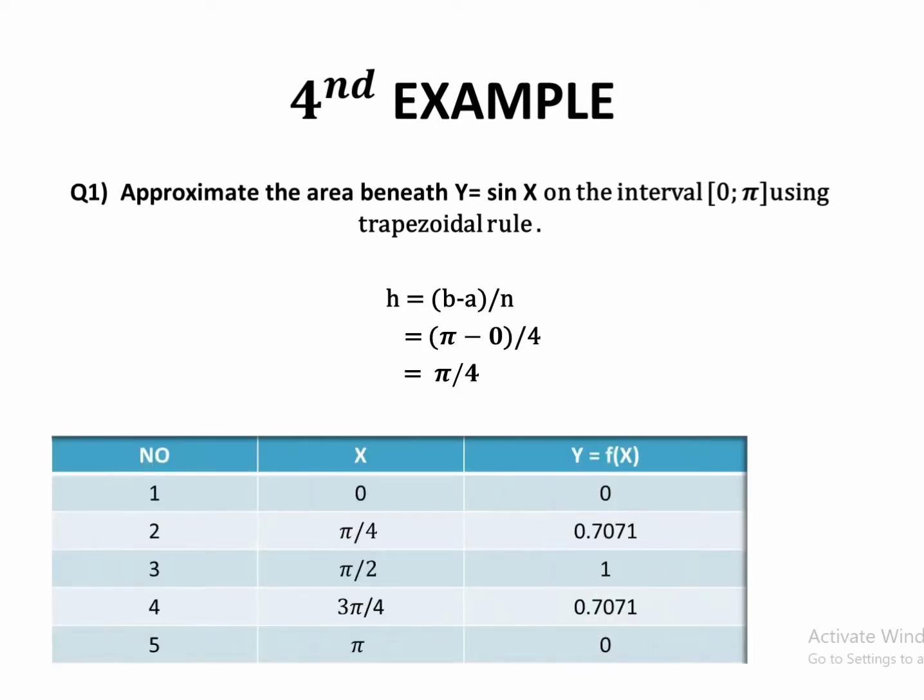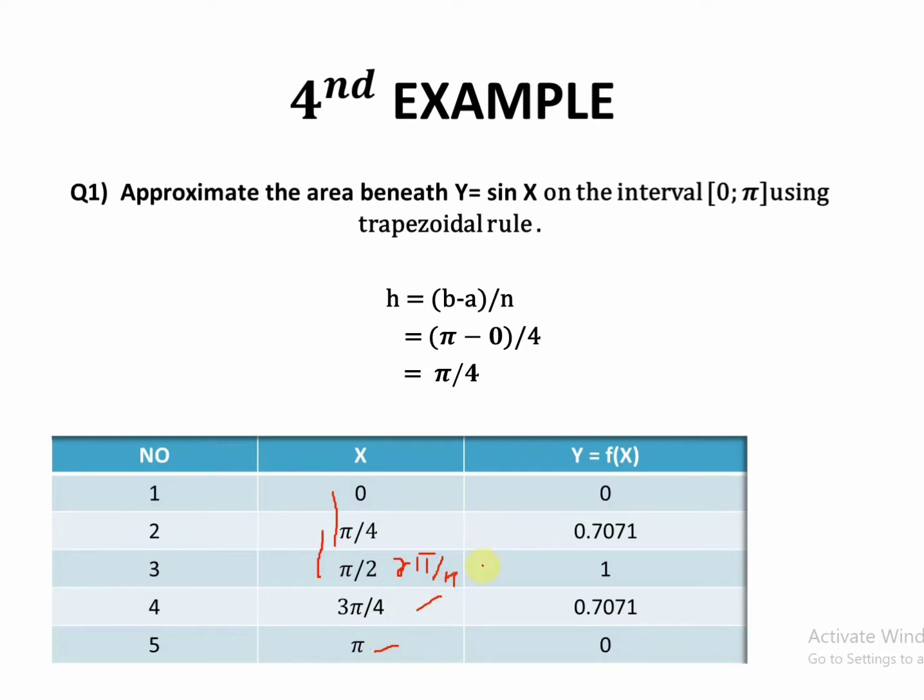Now we have to prepare a table and put in the values of x. The interval is pi by 4 each. So you can find here 0, pi by 4, then 2 pi by 4, which is pi by 2, next 3 pi by 4, and 4 pi by 4, which means pi.